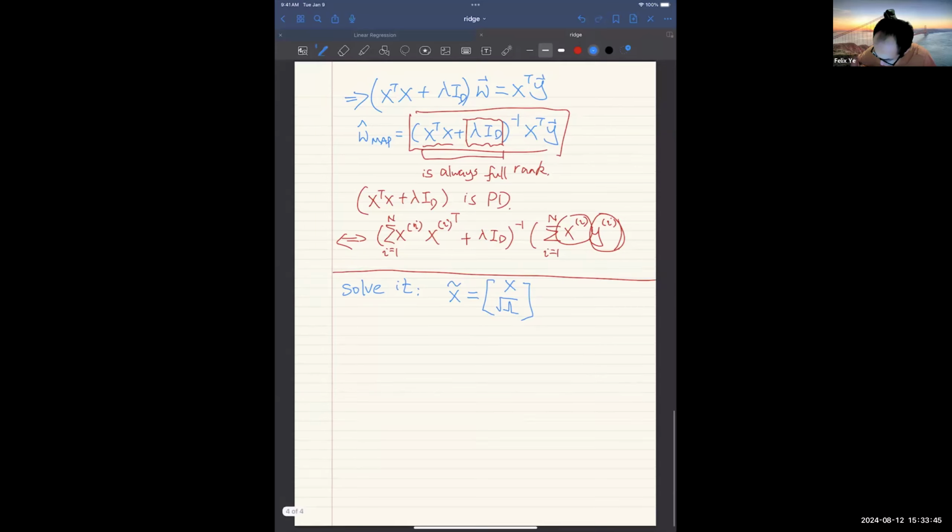This square root of lambda is a diagonal matrix where you put the square root of lambda on the diagonals. So this is a diagonal matrix of size D by D. And then we have little y here. Y2 is the y, and I have a bunch of zeros, D by 1.